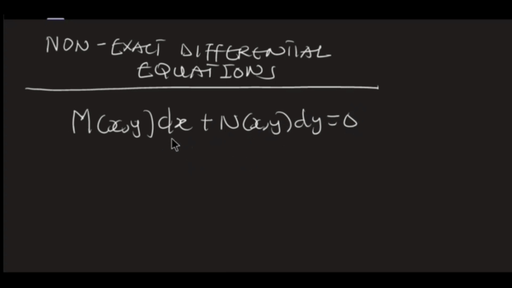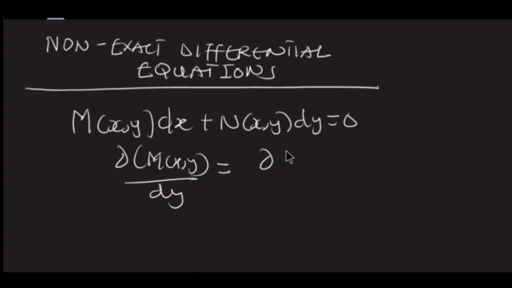To prove that this is an exact equation, it is expected to differentiate the function attached to the dx with respect to y, so d of M of xy over dy, and this should be equal to d of N of xy over dx. Once this condition is satisfied, we can say that the differential equation given is an exact differential equation. If not, it is not an exact differential equation.